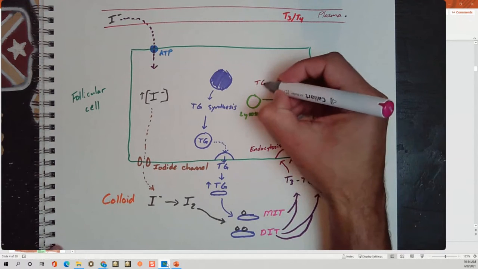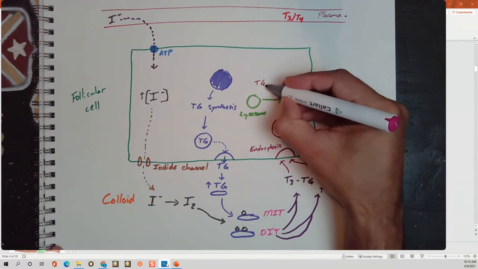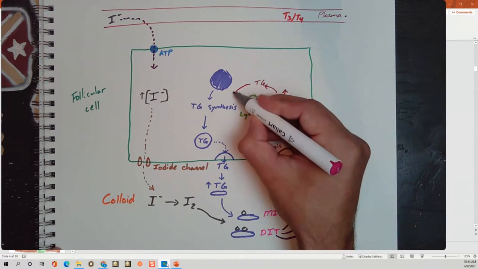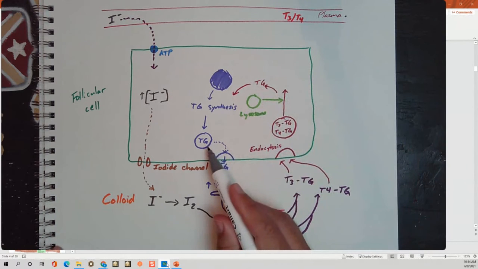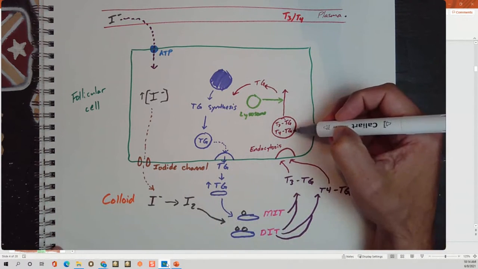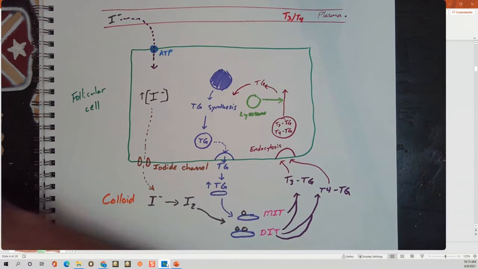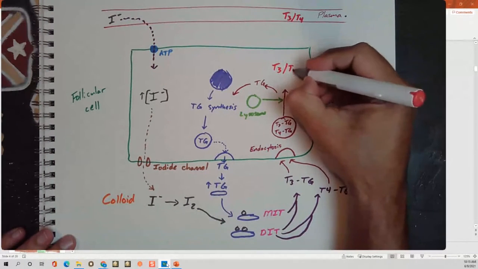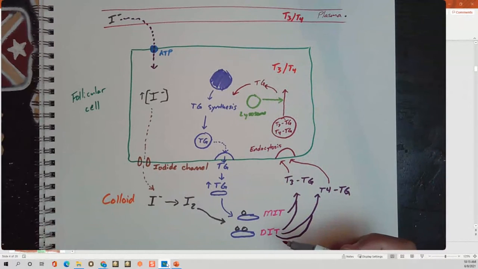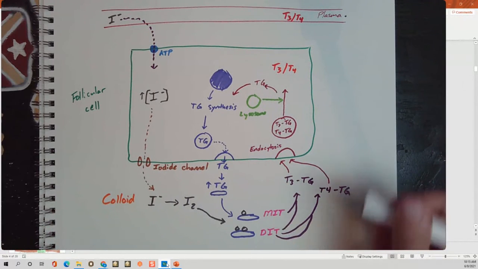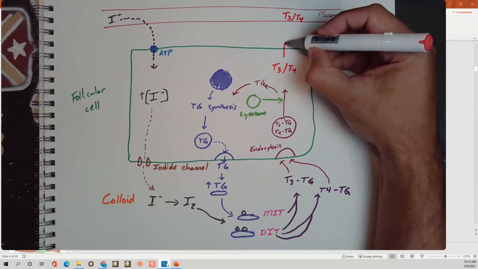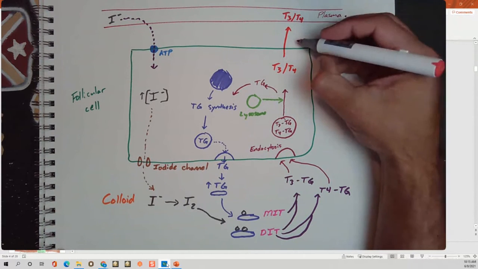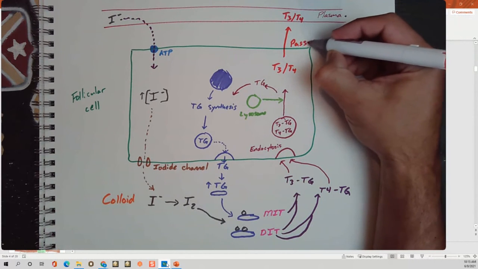So the TG is going to remove itself, and it's actually going to cycle back. So we can use that TG again, often do. And what's going to be left over? T3, T4. And what do we know about T3, T4? It's nonpolar, so now it can just passively diffuse into the blood. Passive.